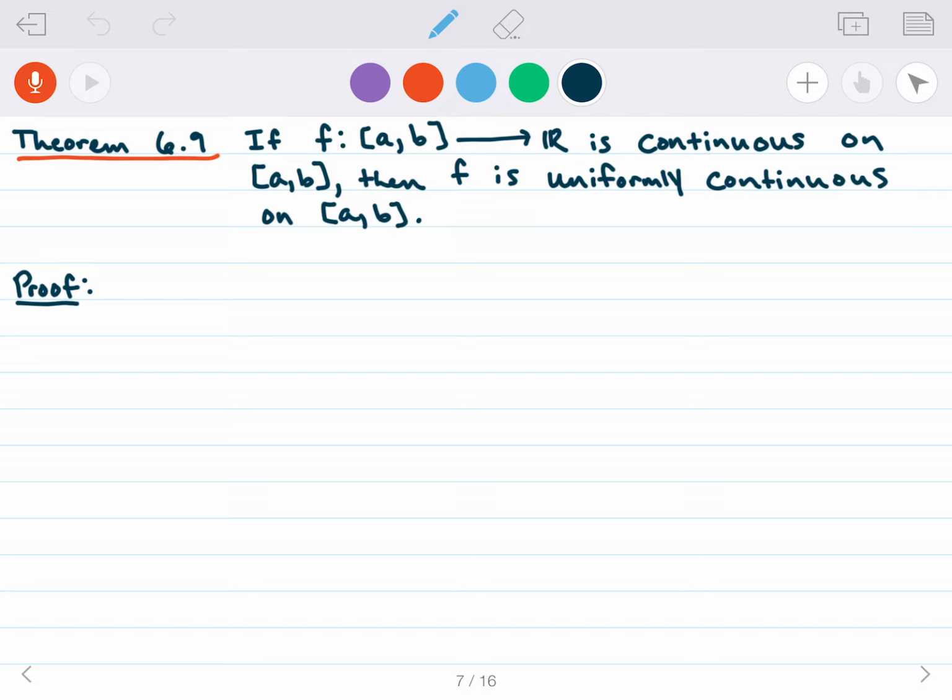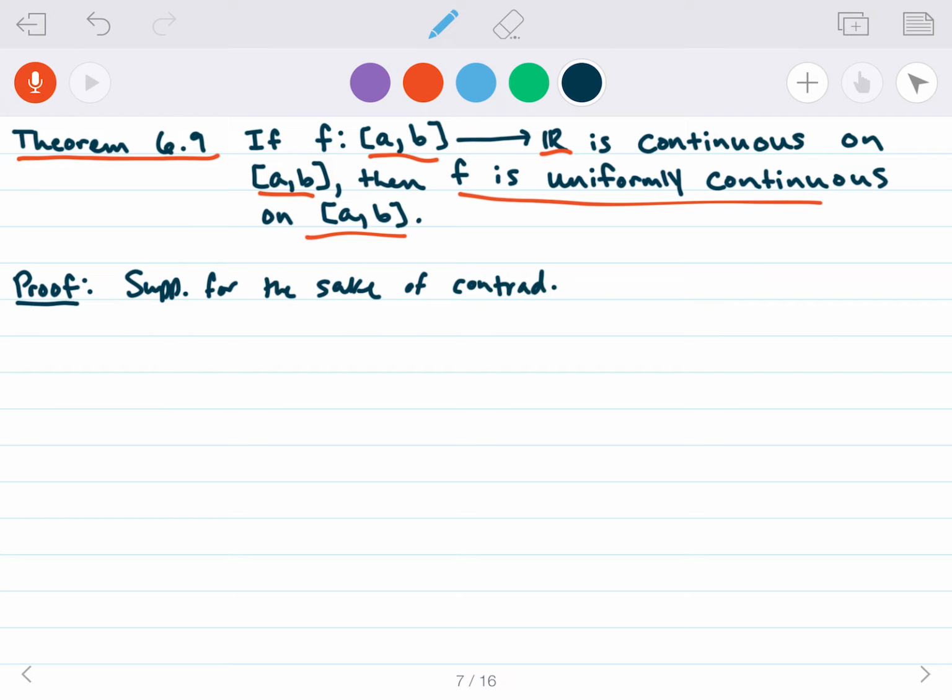So now we have a big result here that says that if we have a function whose domain is a closed and bounded set, okay, compact in the real numbers, to the reals, it's continuous on that compact interval, then f is uniformly continuous on that compact interval. And so we're going to prove it by way of contradiction. Suppose for the sake of contradiction that f is continuous, but f is not uniformly continuous.